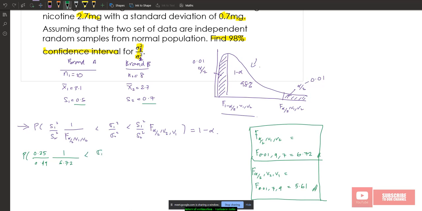This is sigma 1 squared over sigma 2 squared, and this is also the same 0.25 over 0.49 times 5.61. So this is 1 minus alpha. When we solve the values, the lower confidence limit should be equal to 0.076, and on the right hand side should be 2.862, equal to 98%, right?